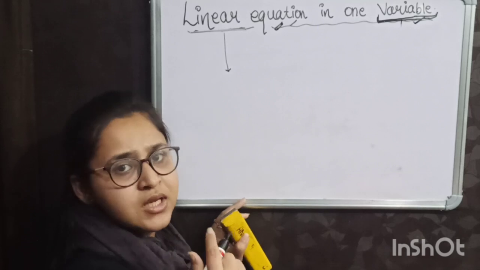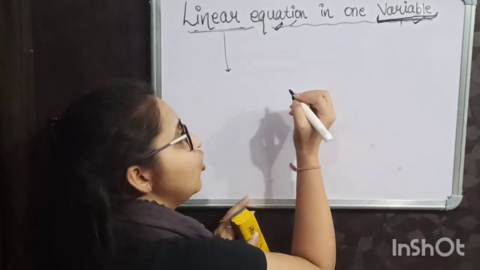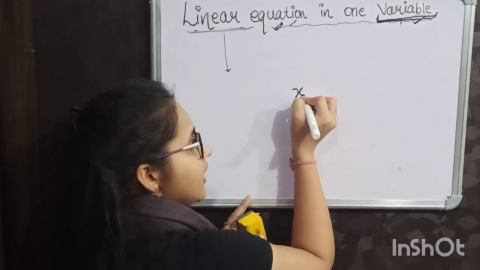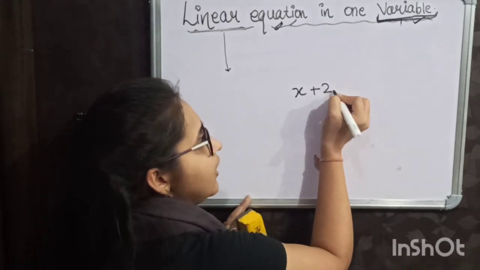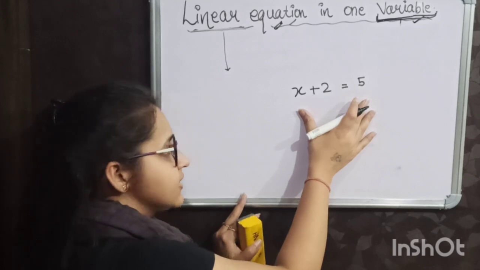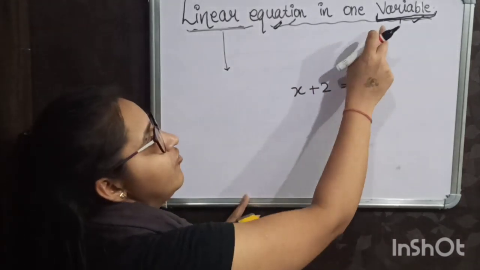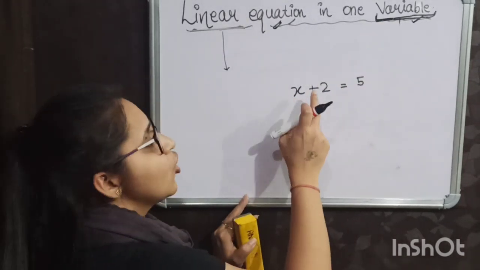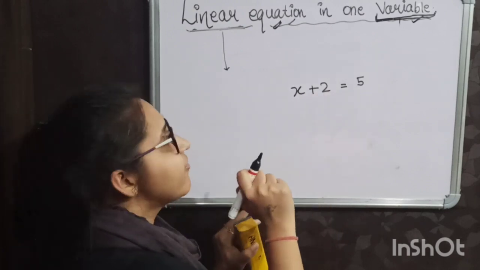Now the variable is x, y, z, something. If you have an equation like x plus 2 is equal to 5, is this an equation? Yes. Here the variable is x, and the constants are 2 and 5.